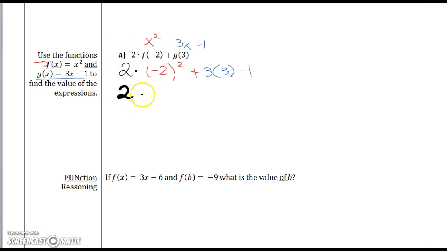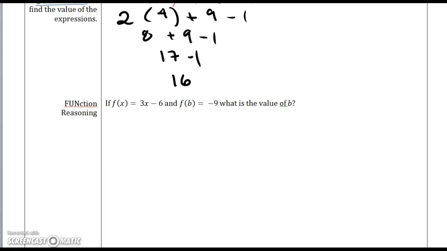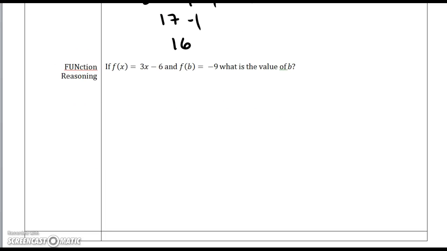So I have 2 times -2 squared, order of operations is 4. Plus 3 times 3 is 9 minus 1. 2 times 4 is 8. Plus 9 minus 1. Moving from left to right, I have 17 minus 1, which leaves me with 16. It's a good problem. All right, last one.